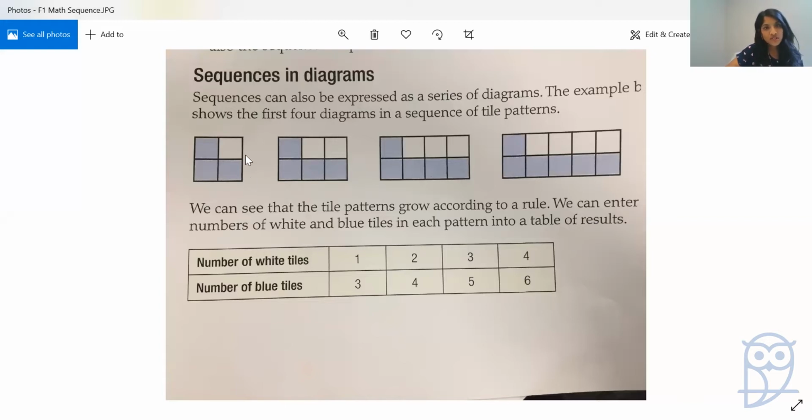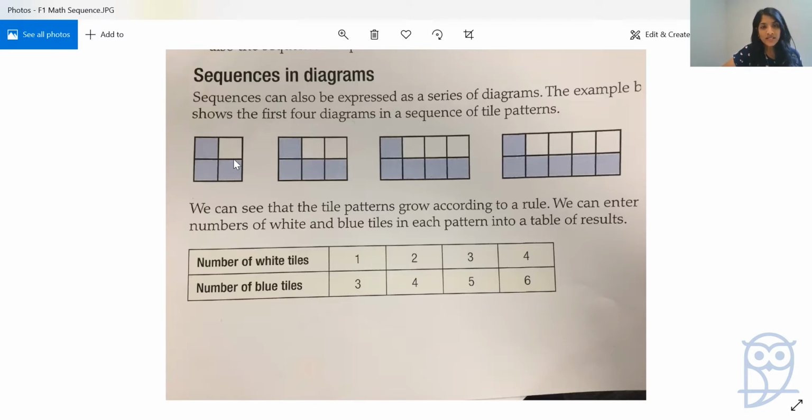In the first diagram that we have here, we have 1 white tile and 3 blue tiles. The second diagram has 2 white tiles and 4 blue tiles. The third diagram has 3 white tiles and 5 blue tiles. And the last diagram here has 4 white tiles and 6 blue tiles.